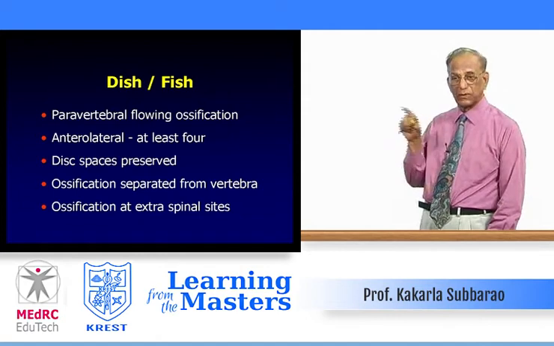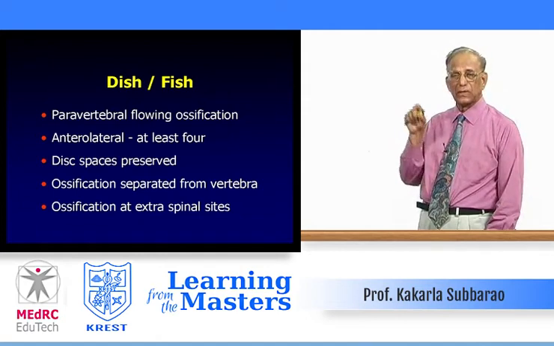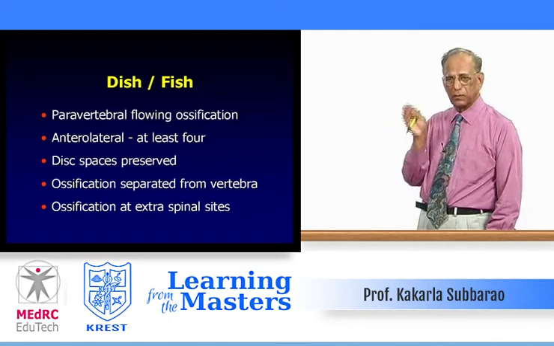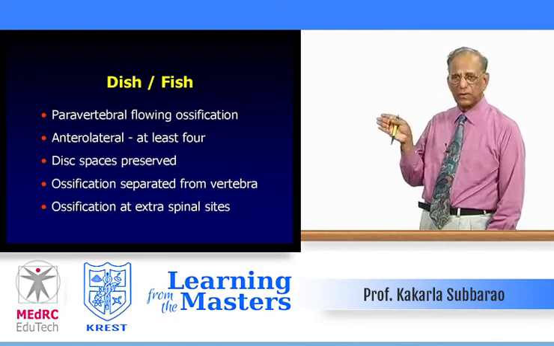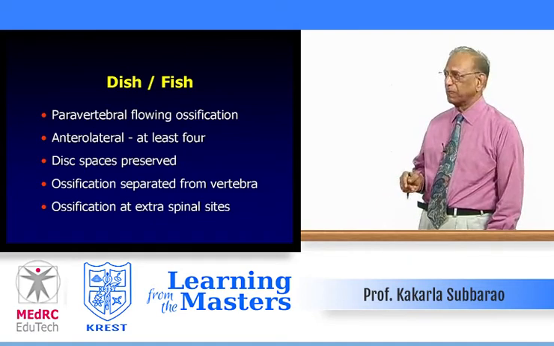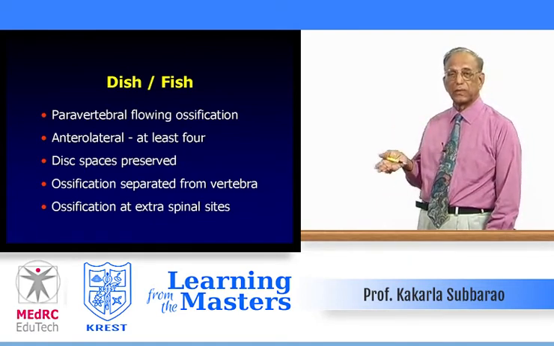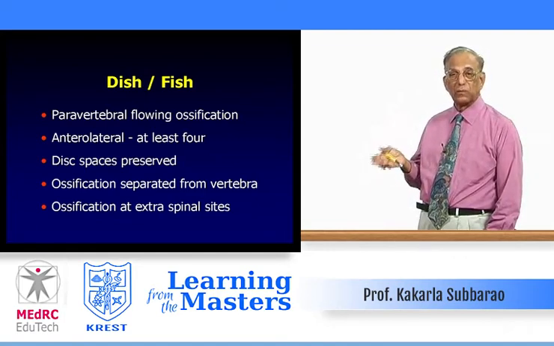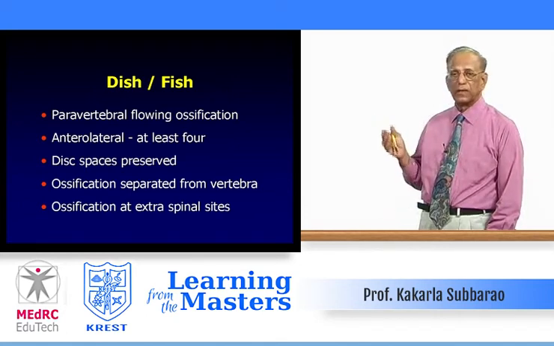Disc spaces are preserved here, as opposed to degenerative changes. The ossification is separated from the vertebrae; a little space is there between the ossification and the anterior vertebral margin. Ossification at extraspinal sites also, for example ischial tuberosities, iliac crest, lumbosacral ligament; all these are also calcified in DISH.